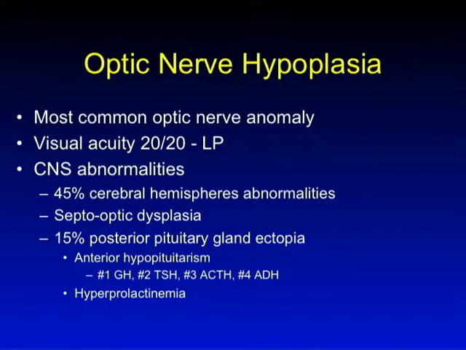At USC, there is actually a nice paper describing how to know if an optic nerve is small or normal in size. If you measure the optic nerve diameter and you can fit more than 4 optic nerve diameters between the optic nerve and the macula, that optic nerve is small.